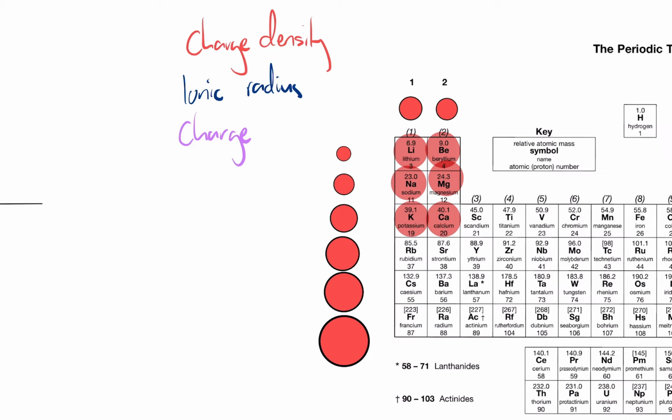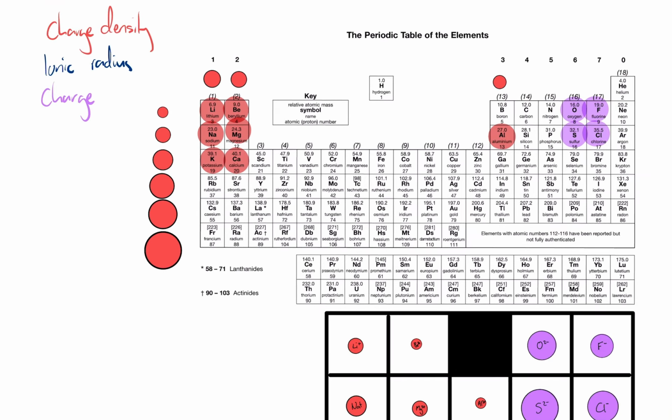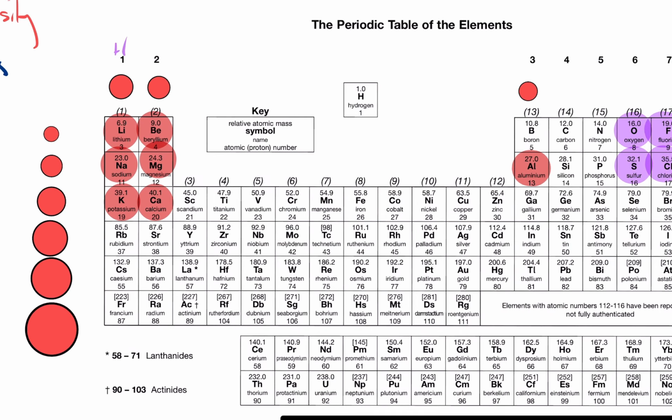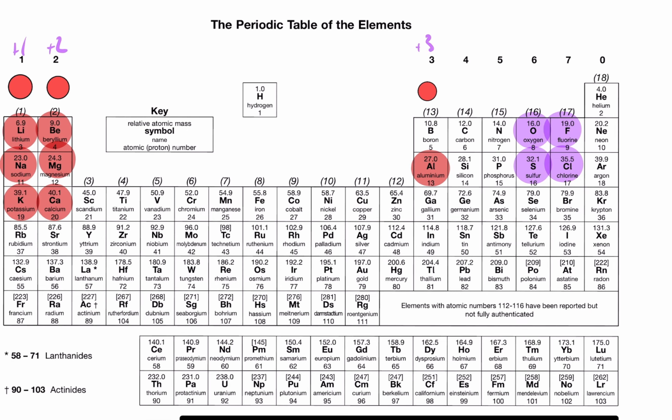That's how they sort of link together. So here we've got an illustration of what the ionic radius looks like as we go across. Now, of course, we know group 1 plus 1 charge, group 2 plus 2, group 3 plus 3, group 6 minus 2 because we're gaining 2 electrons, group 7 minus 1. So those are our charges.